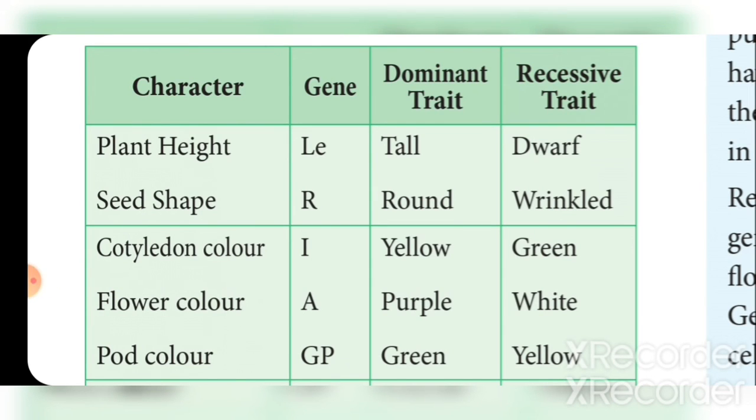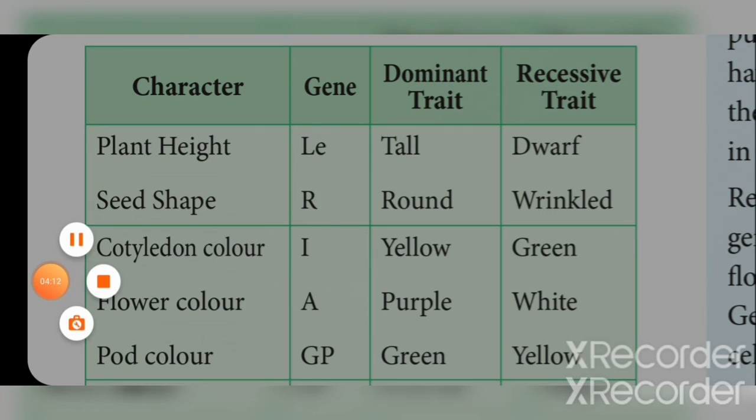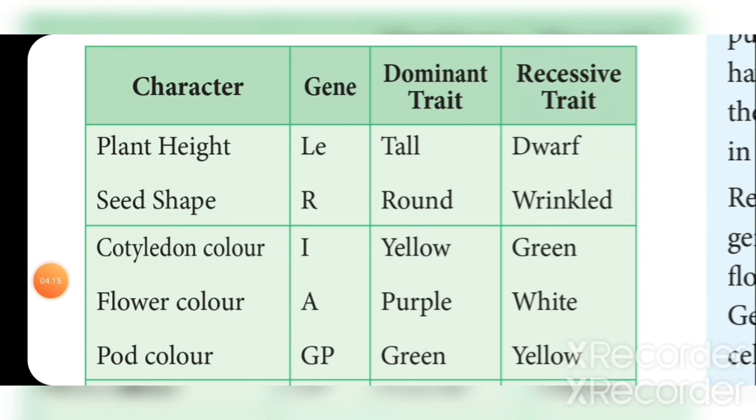For example, plant height, the responsible gene is LE. Seed shape, the responsible gene is known as R. Cotyledon color, the responsible gene is known as I. Flower color, the responsible gene is known as A. Pod color, the responsible gene is known as GP.